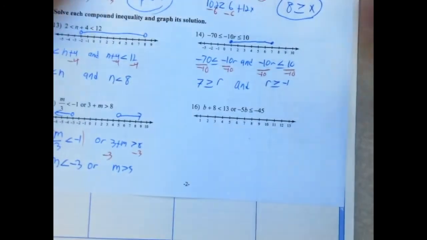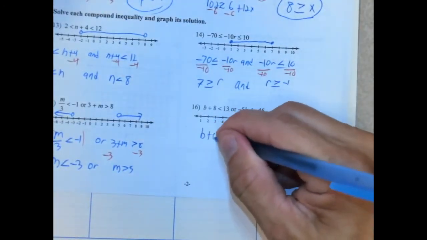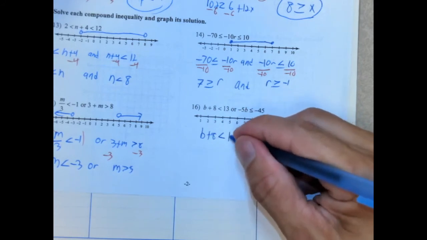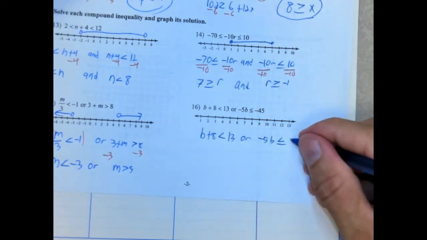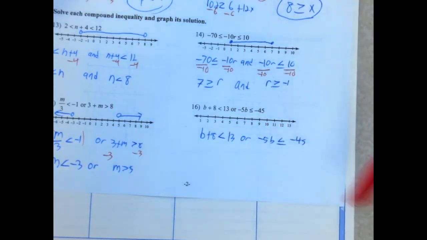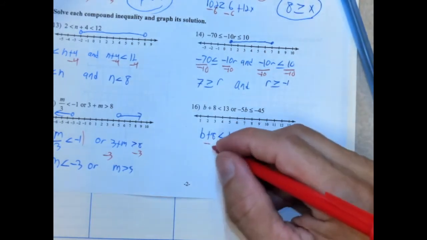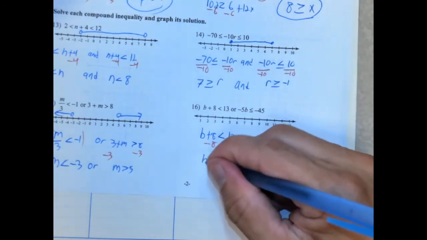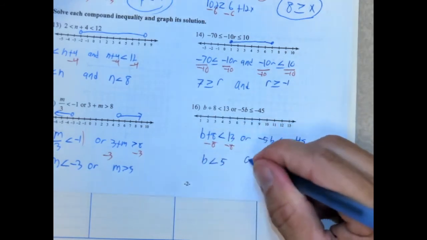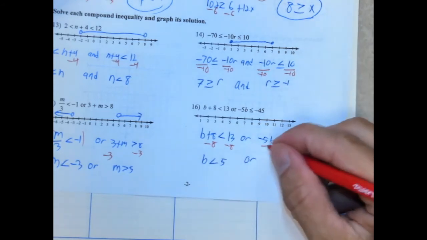And the last one, b plus 8 is less than 13, or negative 5b is less than or equal to negative 45. Okay. So again, this is a disjunction. So subtract 8 from both sides. We're going to get b is less than 5, or divide by our coefficient here.